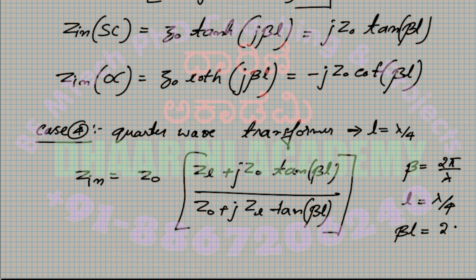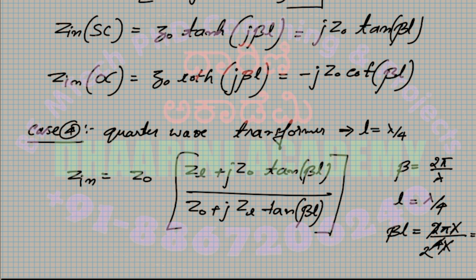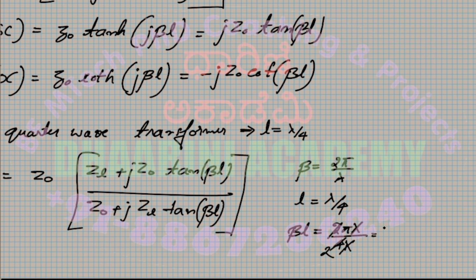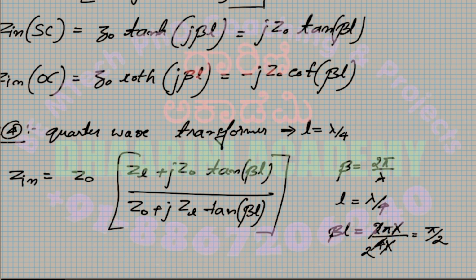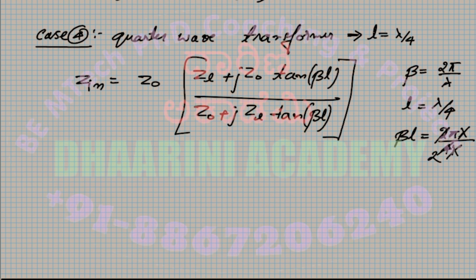Beta L is equal to 2 pi times lambda divided by 4 lambda. So lambda cancels with lambda, 2 cancels with 2, and your answer will be pi by 2. So beta L is equal to pi by 2. I think we have a problem here. Just check what happens when you put tan of pi by 2. What is tan pi by 2?